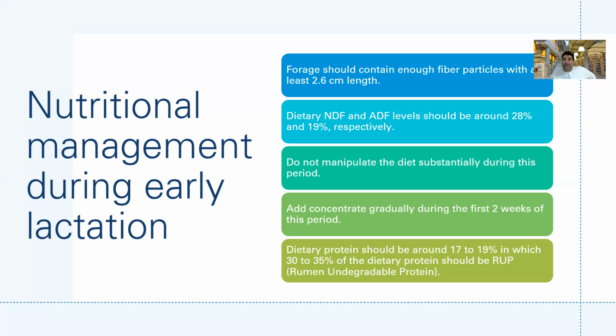The second element is dietary NDF and ADF. NDF is a neutral detergent fiber, and ADF means acid detergent fiber. We need to maintain NDF level around 28% and ADF level around 19%. That being said, NDF is not an excellent indicator of fiber quality of the feed, or let's say rumination index, chewing index of the feed.